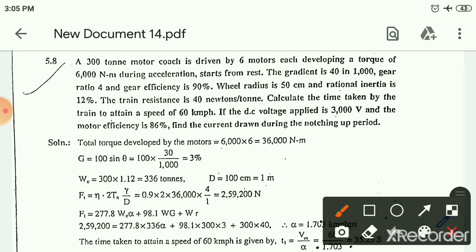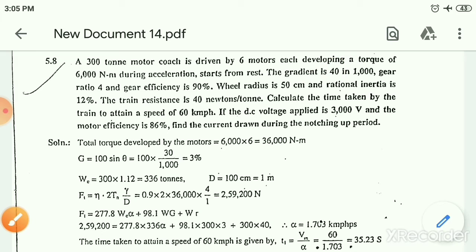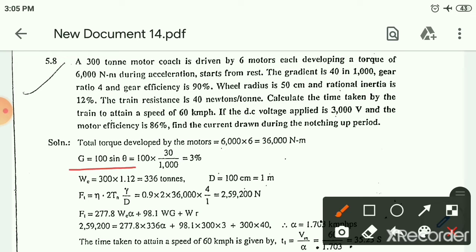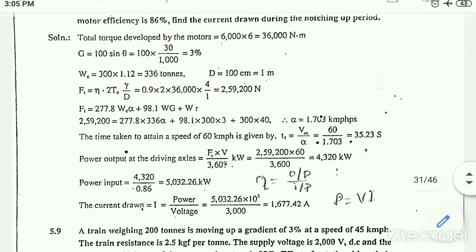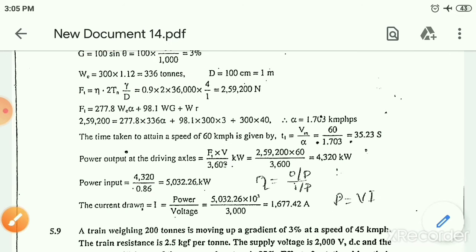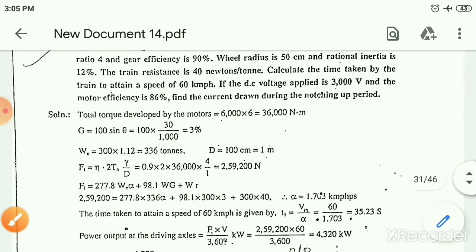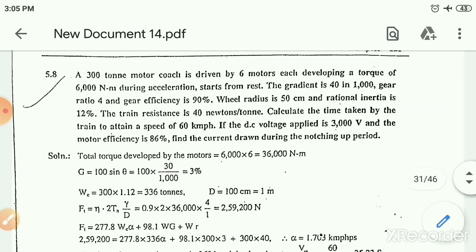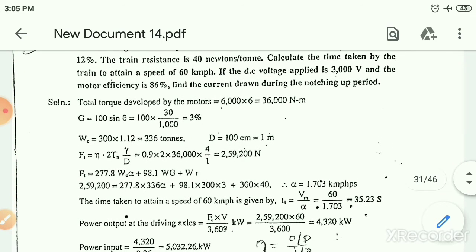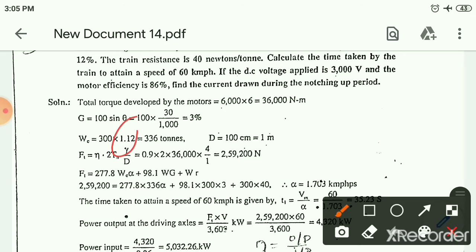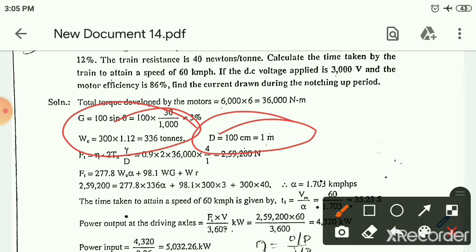The gradient factor is 100 sin theta, 100 into 30 divided by 1000, so you'll get 0.3%. Now We is 300, the dead weight, into 1.12, which is a constant, so W is 336 tons. D is equal to 100 centimeter, again equal to 1 meter.